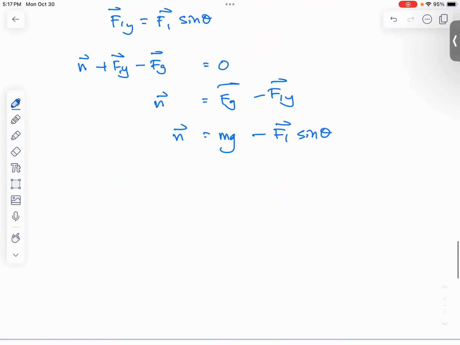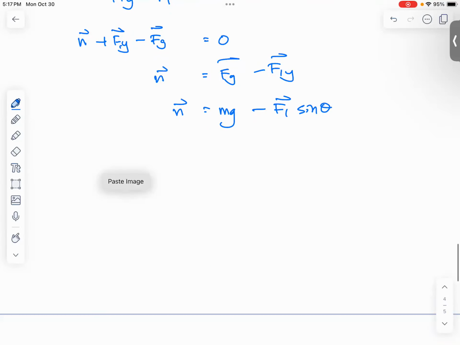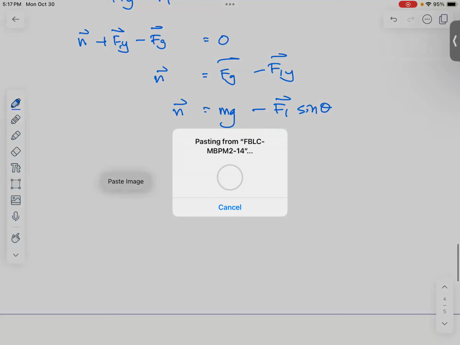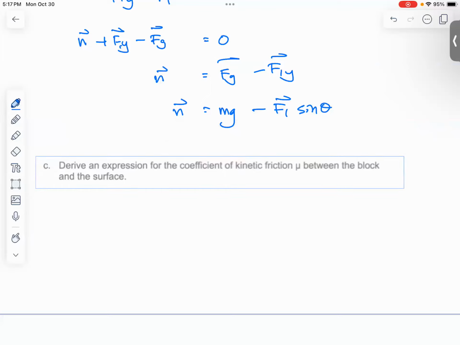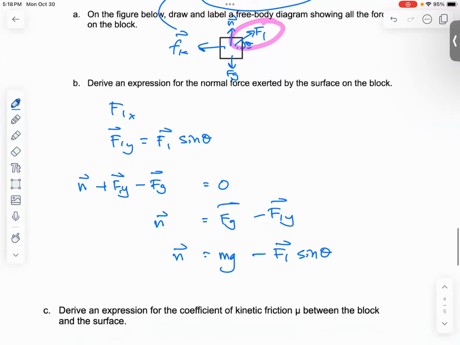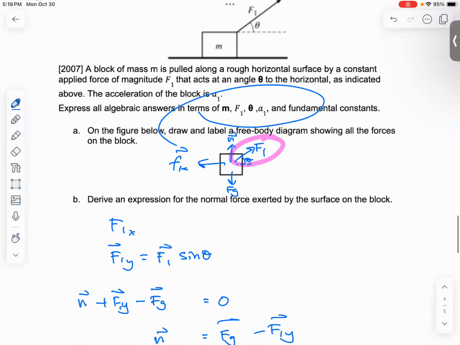So let's go ahead and develop an expression for the coefficient of friction. Mu, the coefficient of kinetic friction between the block and the surface. Does it say constant speed? It's a constant force.